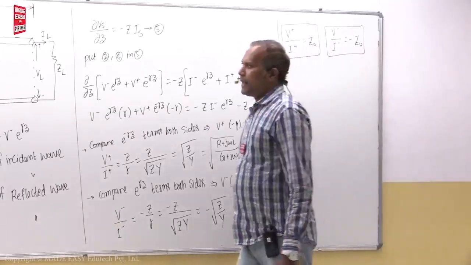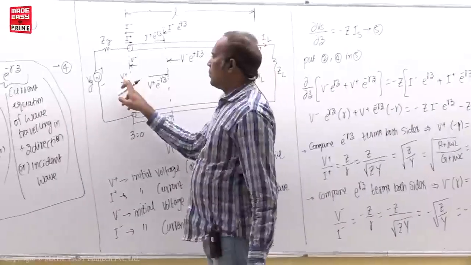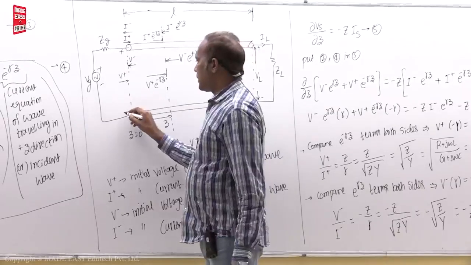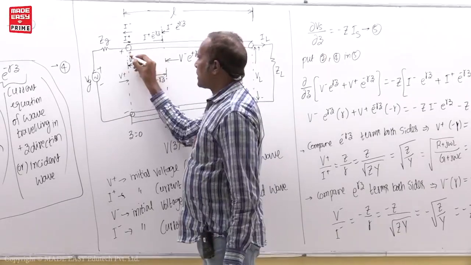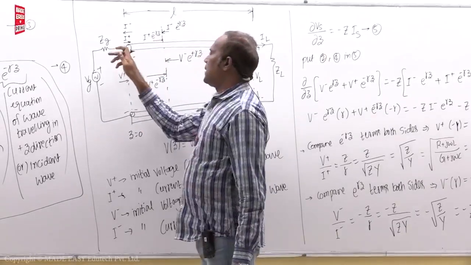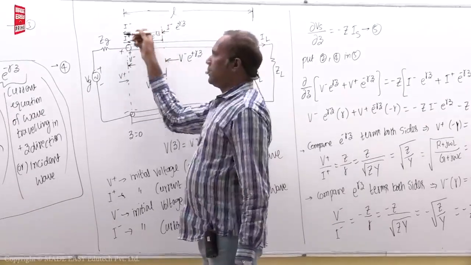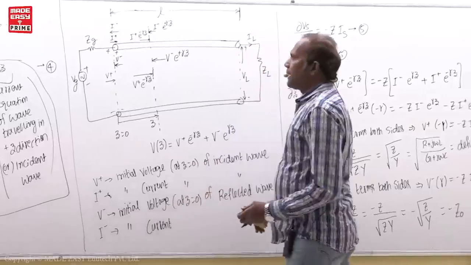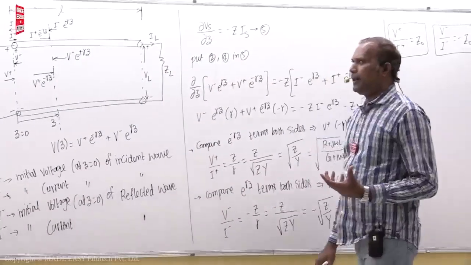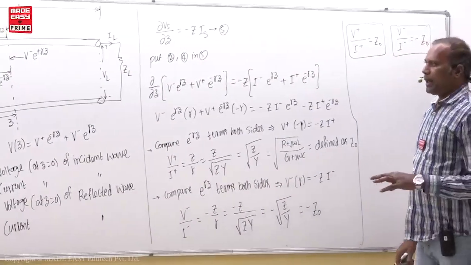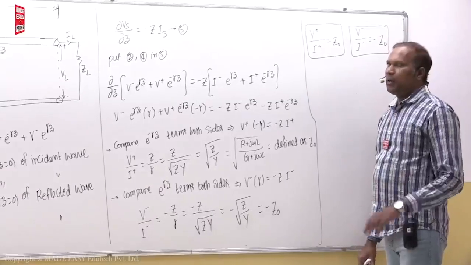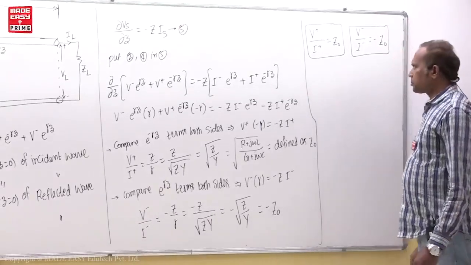You can easily see here, the incident voltage is plus and the reflected voltage is also plus, but the incident current is like this and the reflected current is opposite. So this indicates that power flow for the reflected signal is in the reverse direction, same as in the uniform plane wave chapter.